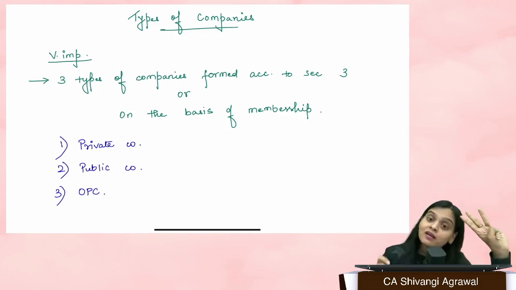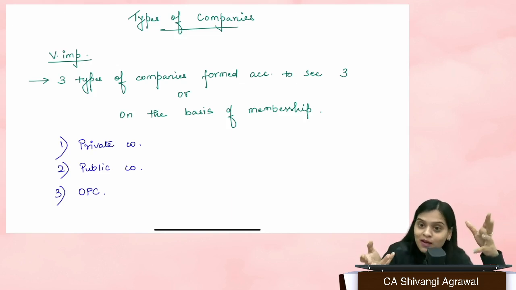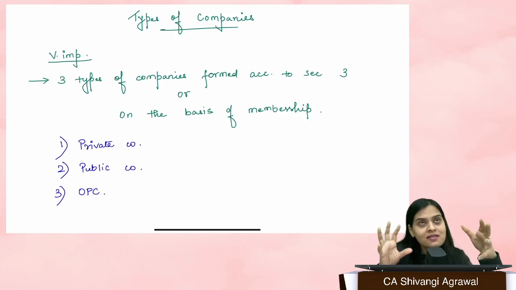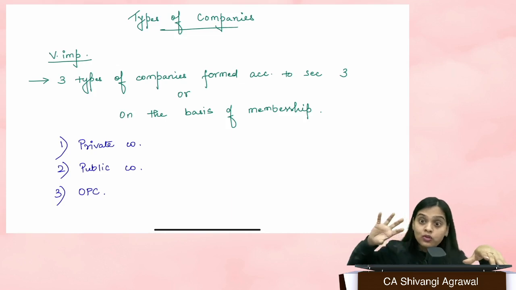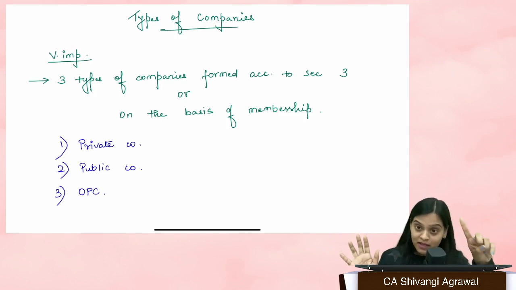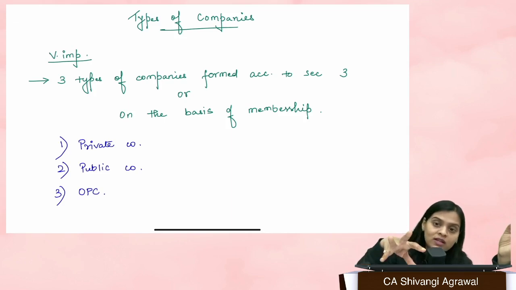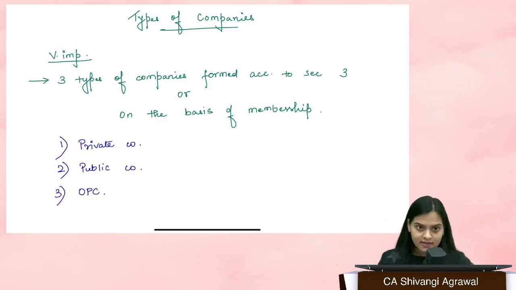A holding company is a relative concept, right? So it is not that you are forming a holding company, or you're forming a small company, no. You're forming either a public company or a private company or OPC. Now, these companies can be like small company, government company, or not for profit company, or like things.